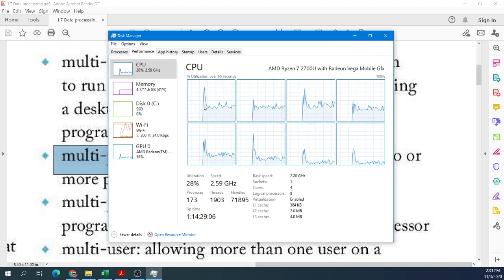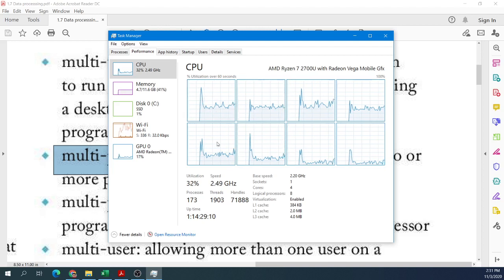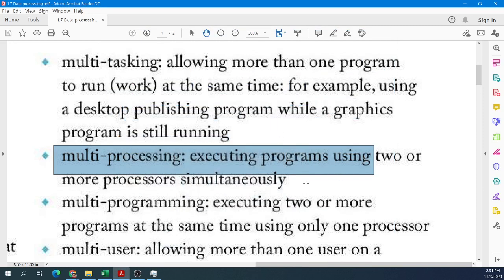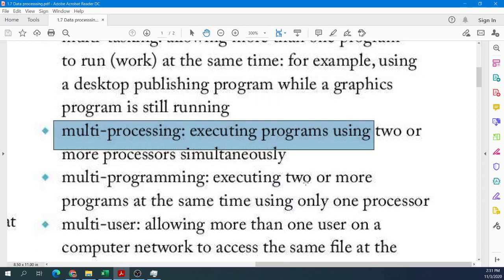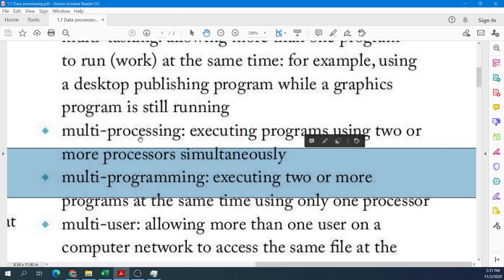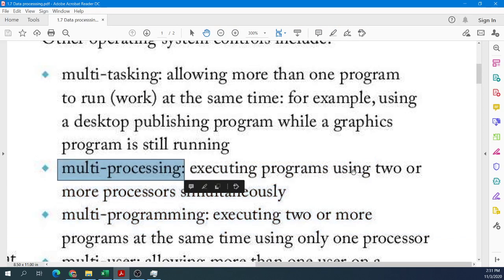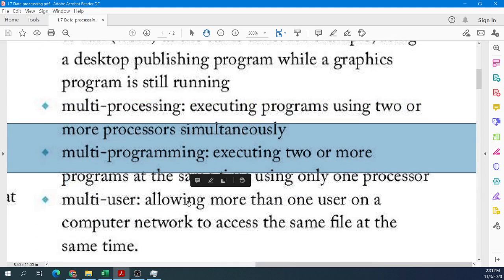So the program now can be split across these different cores or these different CPUs in order to process faster. The important thing to remember is that multiprocessing uses two or more processors.